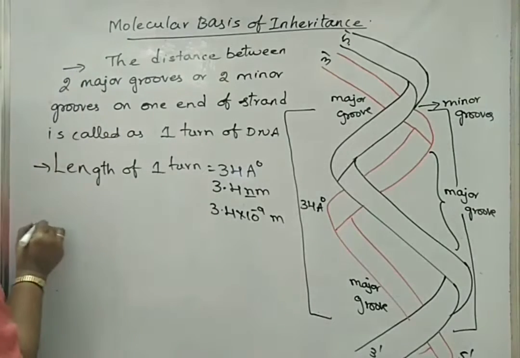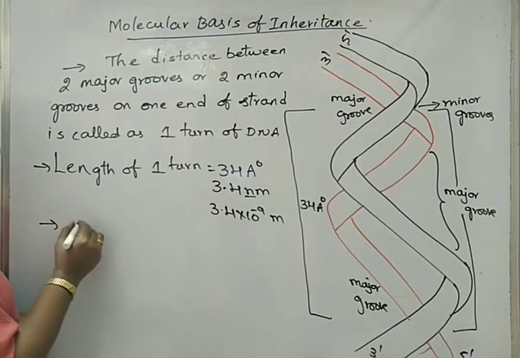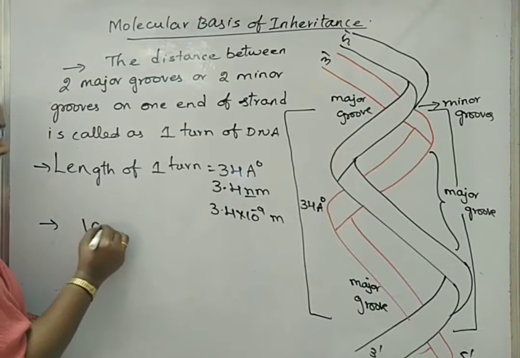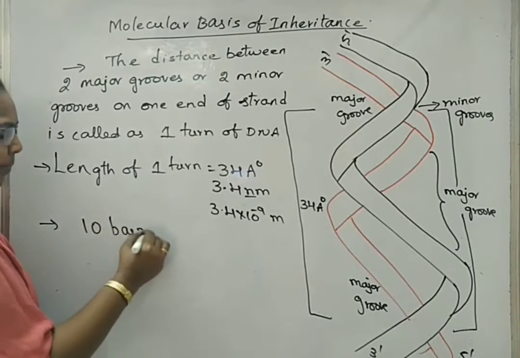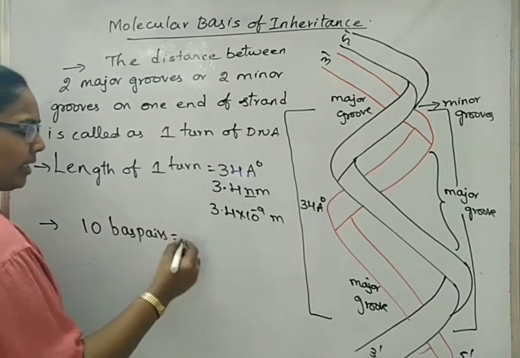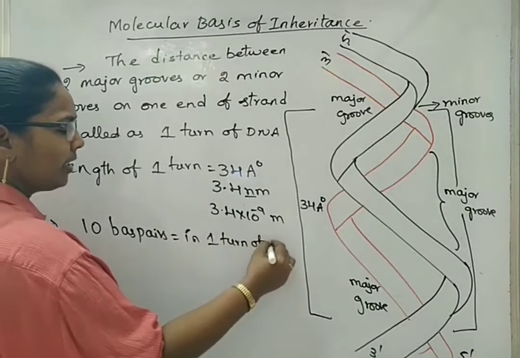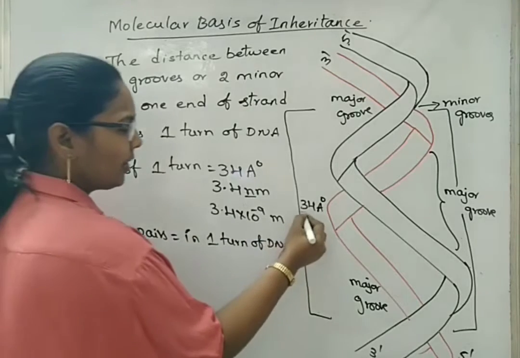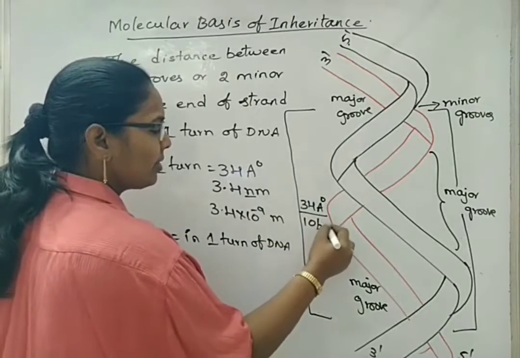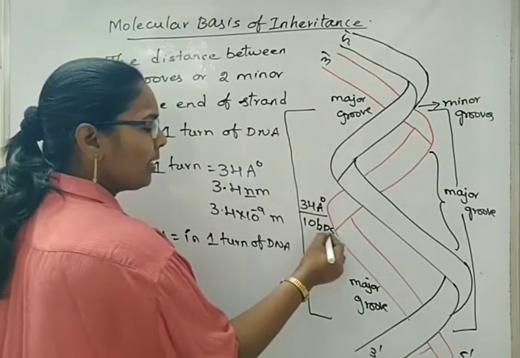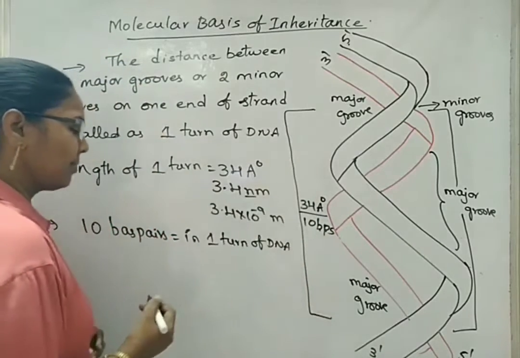Now, the number of nitrogen base pairs in one turn. Ten base pairs are located in one turn of DNA. So here we can write 10 bp, base pairs, written with small b, small p and s.